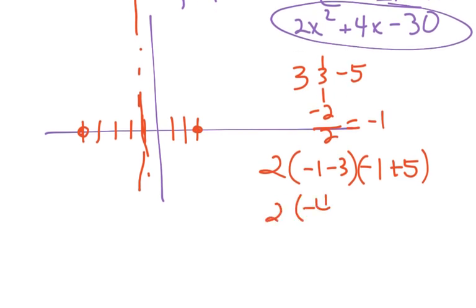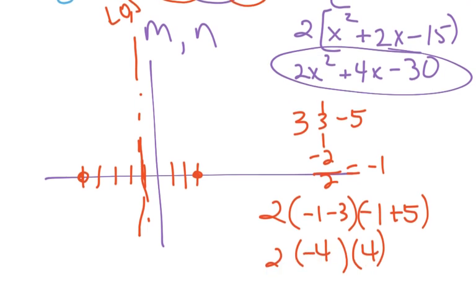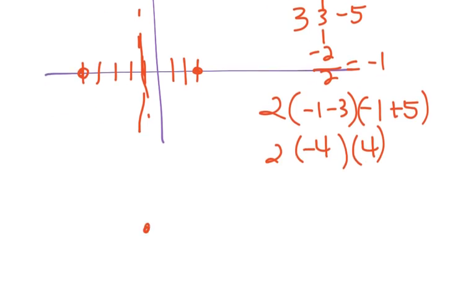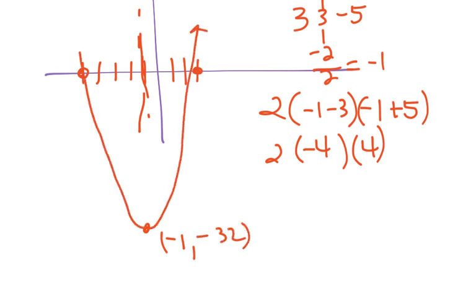So that's -4 times 4, and if you multiply that out, it's going to be -32. We knew it was opening up because this was positive. So -1, comma, -32. It's okay to graph it this way, just labeling that point on the line of symmetry, and voila, you get yourself a beautiful graph.